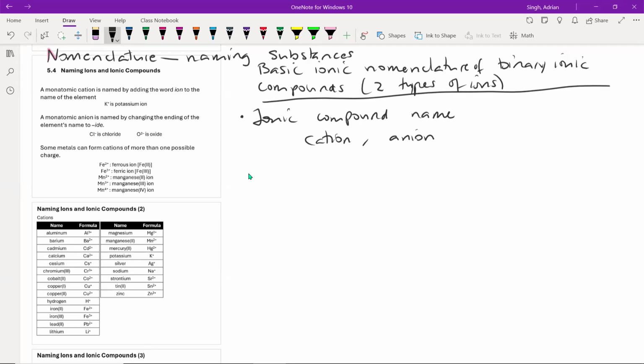The cation name is just simply whatever the metal is. So the metal name or the cation name. And then the anion name comes afterwards, and that will typically have the nonmetal with an IDE ending.